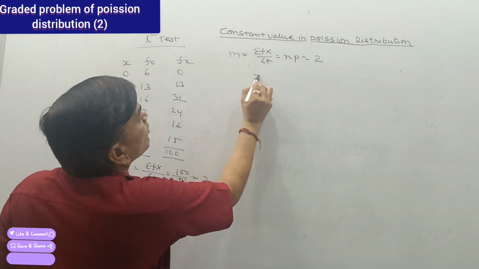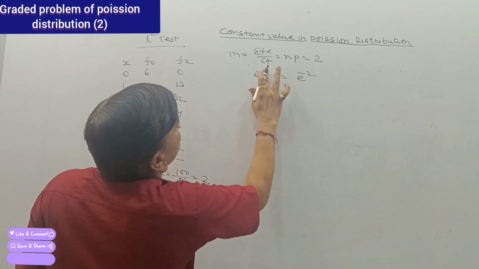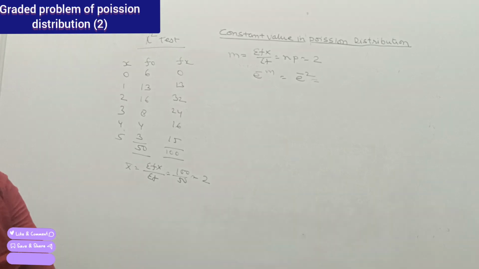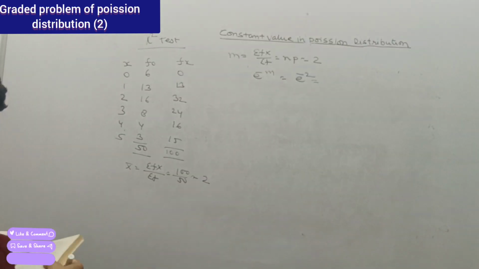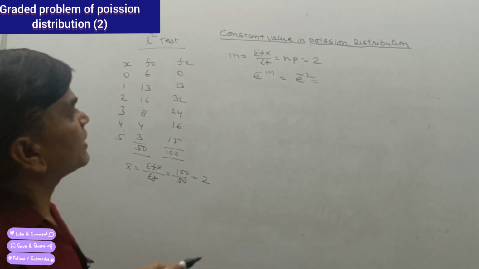So e raised to power minus m, that is e raised to power minus 2. Firstly we will take the table value of e raised to power minus 2, that is 0.1353. This is given, 0.1353.